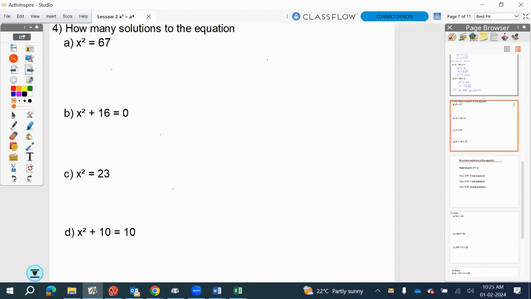So, how many solutions do each of these equations have? I'll just have you try and work it out. So this first one, x squared equals 67, how many solutions will this have? This will have 2 real solutions. Okay, try the other questions for yourself.